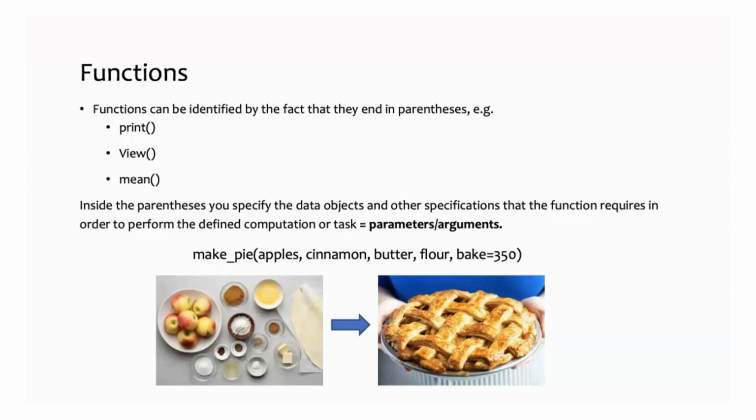So apple, cinnamon, butter, flour, those are all data objects. And then bake is a specification. It's a setting that you are providing the function. So it will perform the operation a little bit differently depending on what value you give that specification.